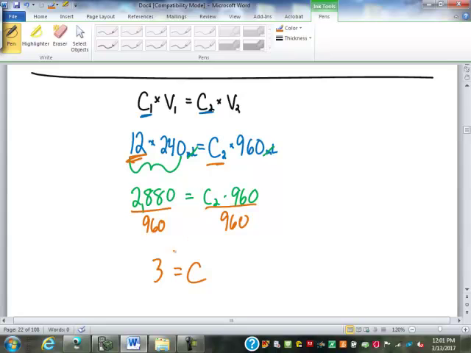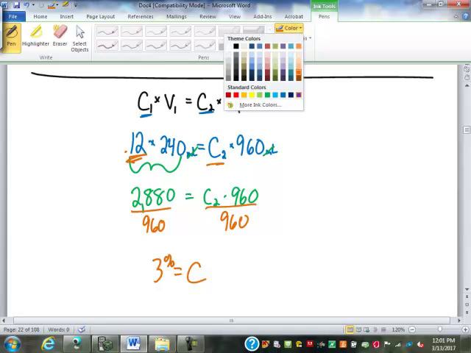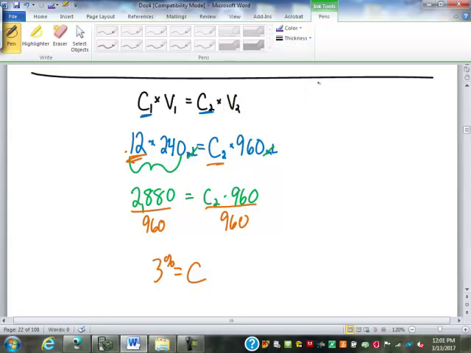So what I get here is a percent, so that is 3%. If I had converted that to 0.12, my answer would have been 0.03, so then I would have to move the decimal to make it a percent. Like I said, I find it's just easier to leave them as percents and not deal with the decimals. So after that 240 milliliters of 12% is diluted to 960 milliliters, it has a concentration of 3%.